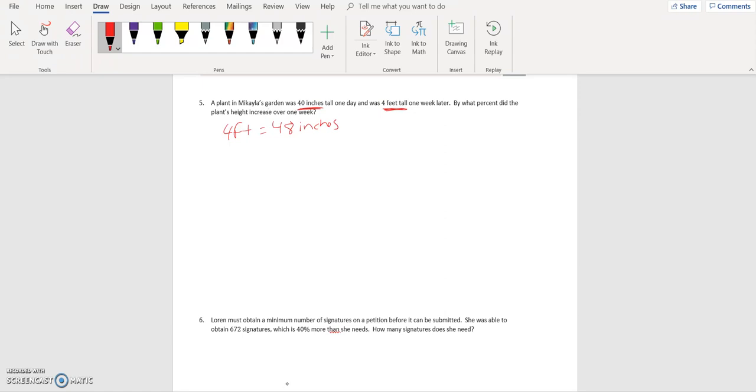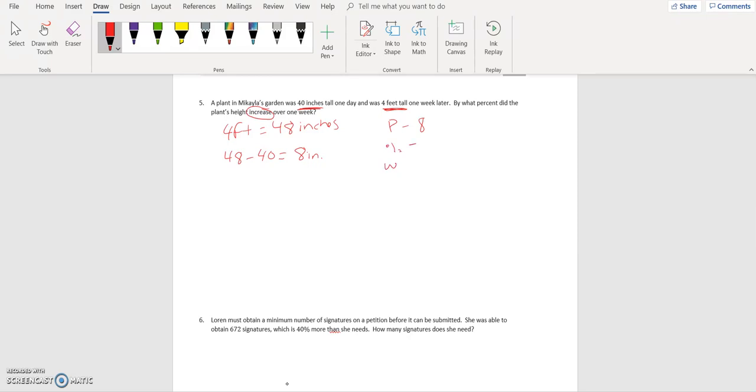And I see that word increase, meaning I need to figure out the part, which I need to do 48 minus the 40 to see what the increase, the change, was. And so our change there is 8 inches. So our change is our part, which was 8, and then whole.